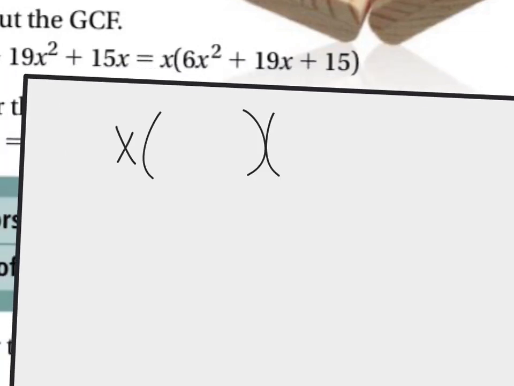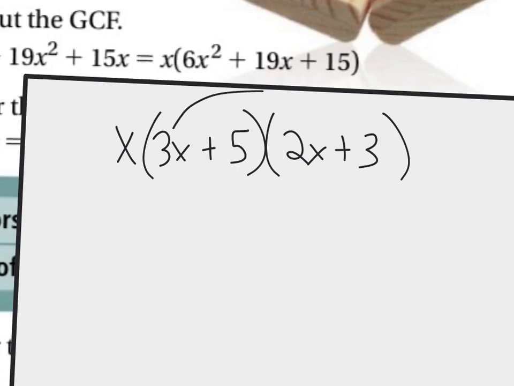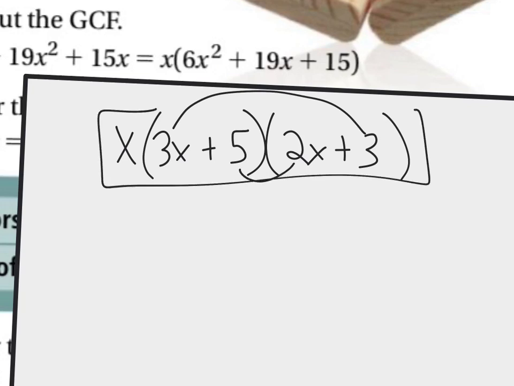So I'm going to say 3x times 2x, I'm going to try. Everything's positive. Let's try 5 and 3. Nope, don't do it that way because then there'd be a GCF, right? 5 and 3 this way. So there's 9 plus 10 is 19, and it works.